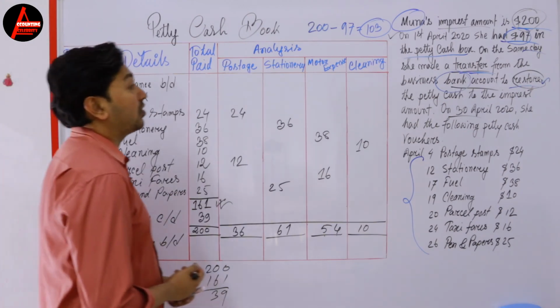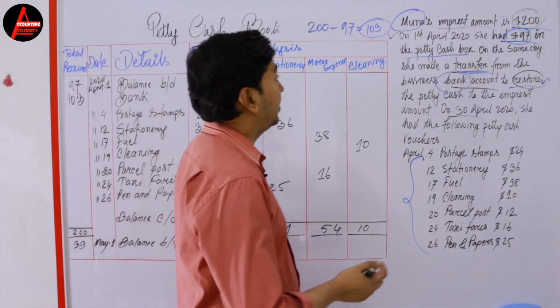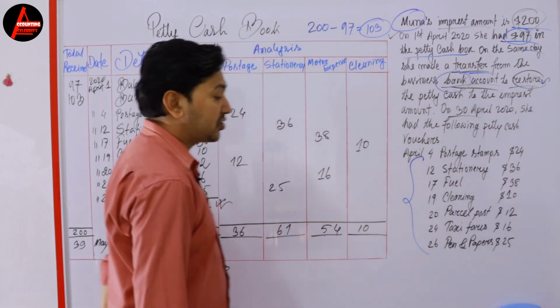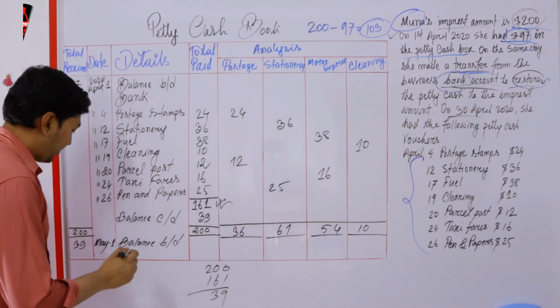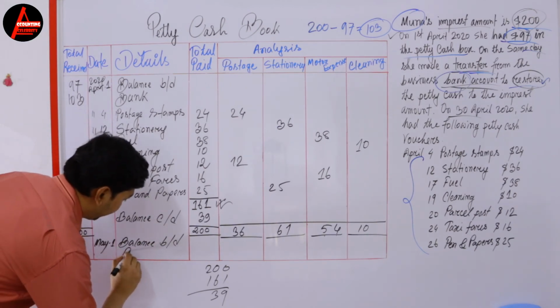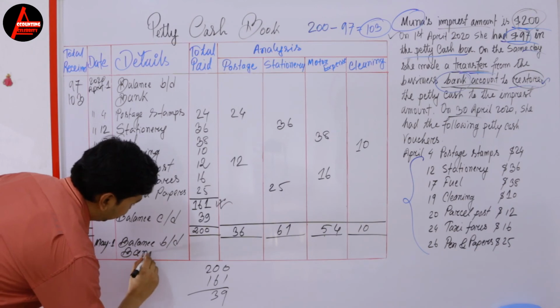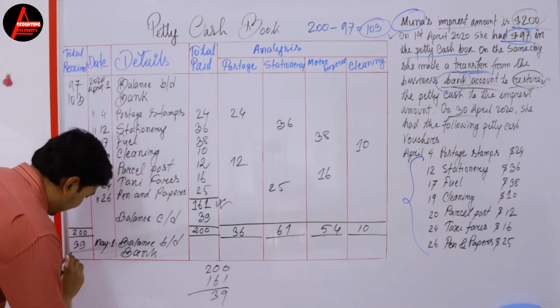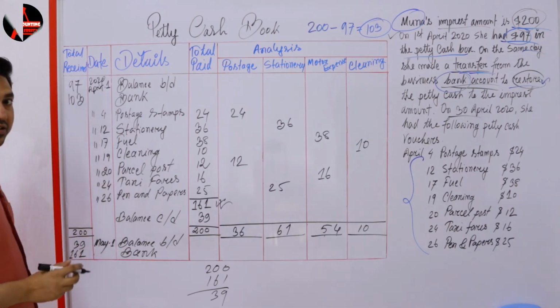So how did she receive? She used to receive by bank, okay. So again you will write here, same day on May 1st, you will write here bank, okay. How much it is? $161, okay.